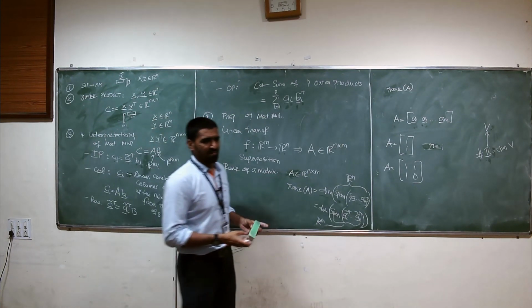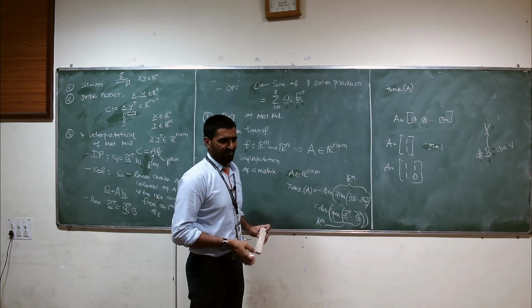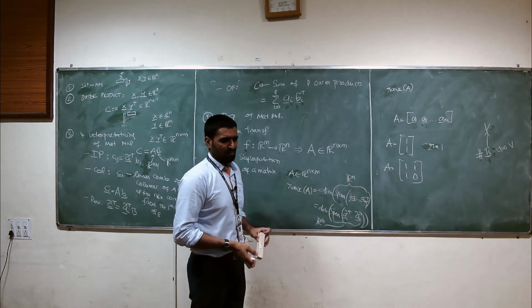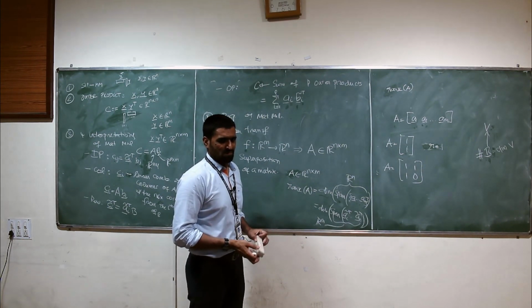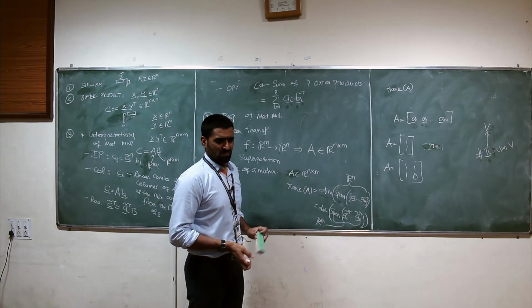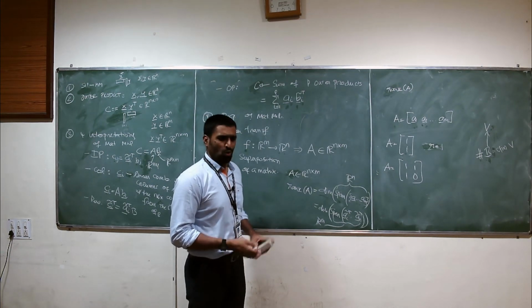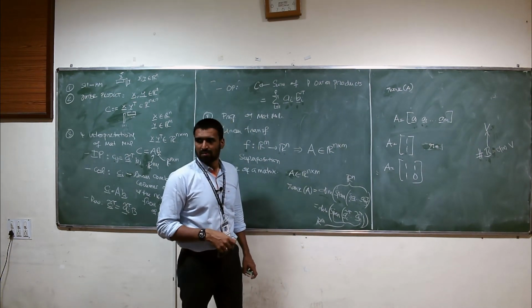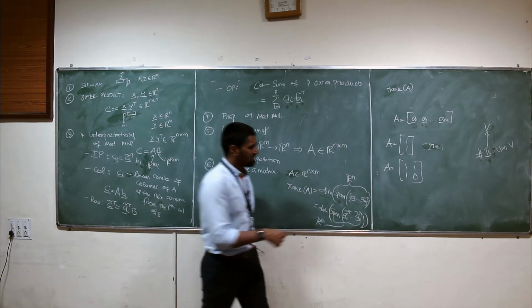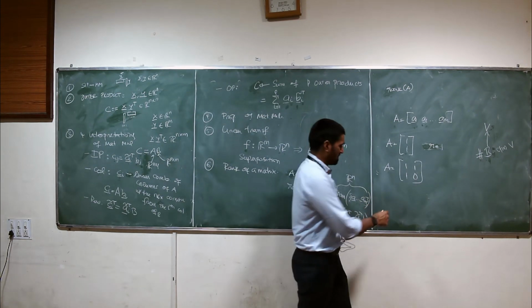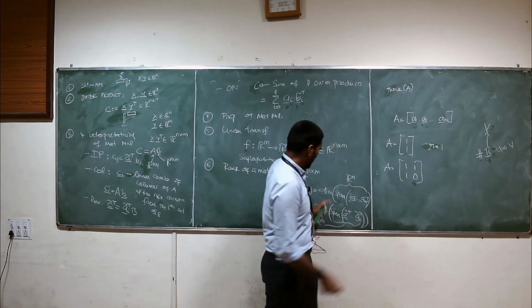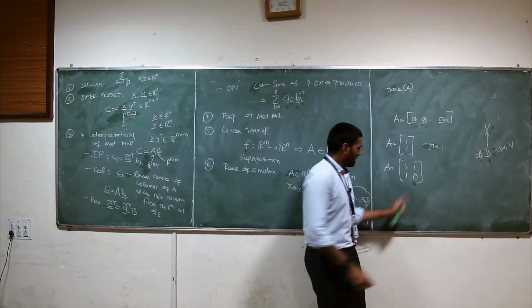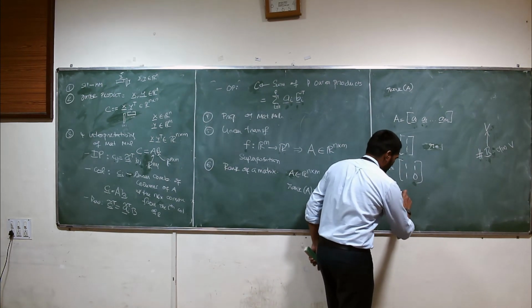What about this? Two. Okay, explain why it is 2. It's correct. It's 2. Why is it 2? Okay, two ways to look at it. What is the span of the columns of A?